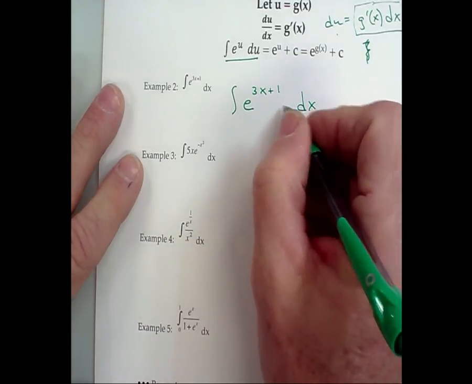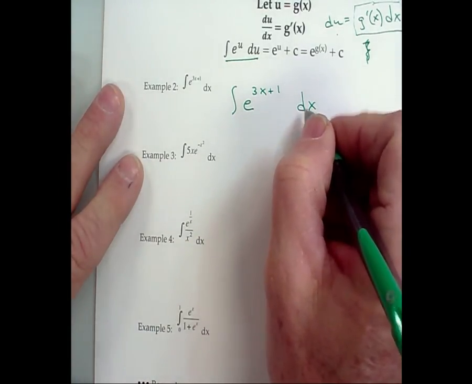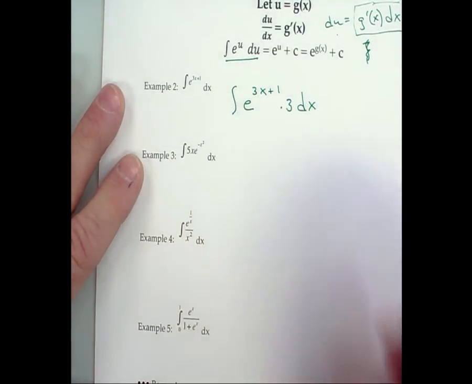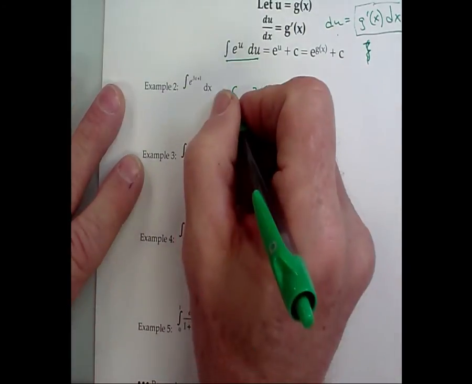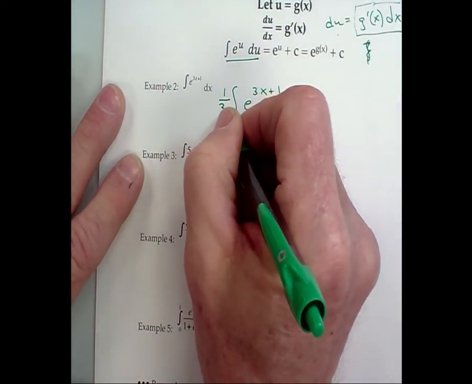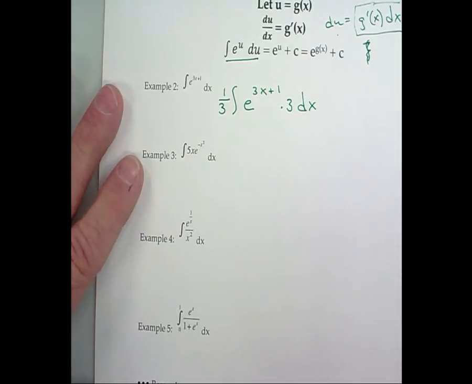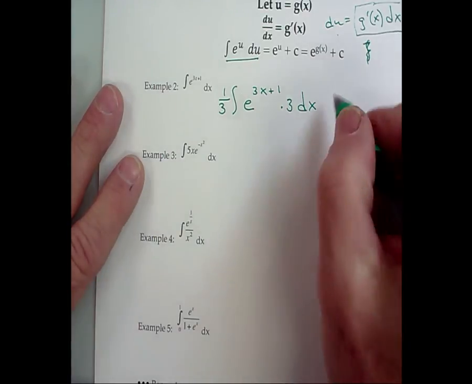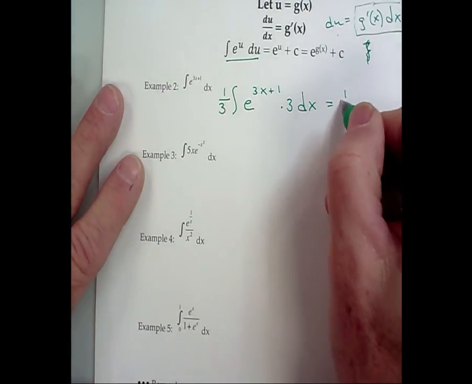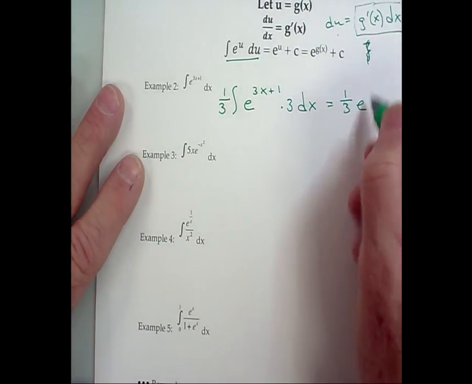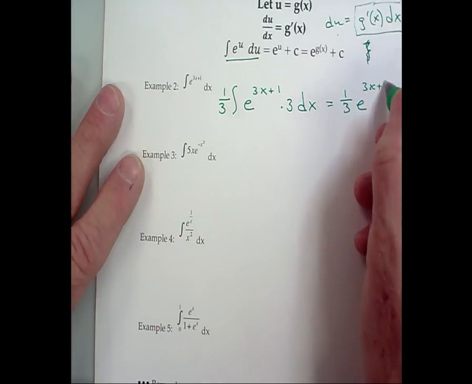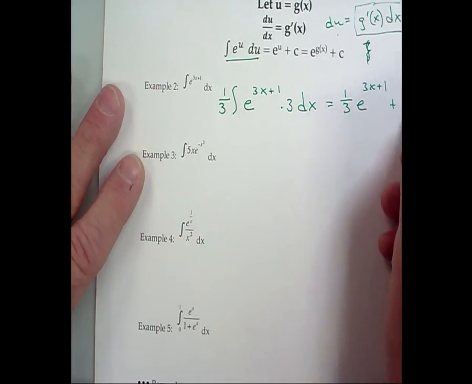So lo and behold, and I always put it by the dx, I'm going to put it there. But I have to compensate for it by multiplying by a third, because then I'm only multiplying by 1 and not changing any values. So my answer is going to be 1/3 e to the 3x plus 1 power plus c.